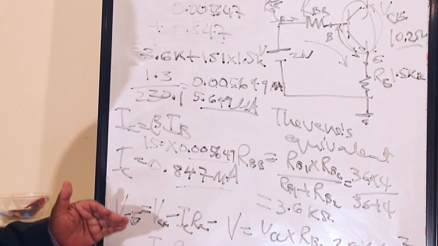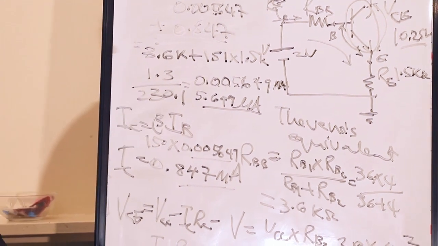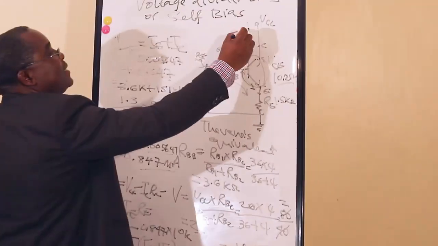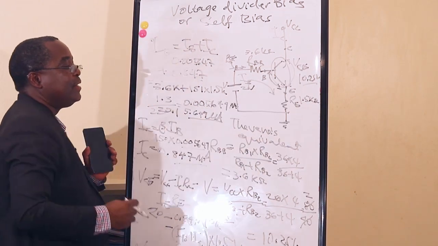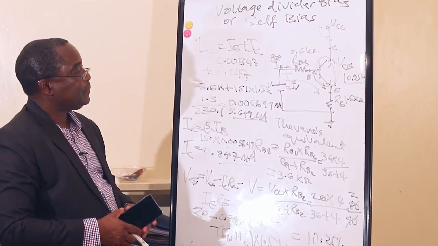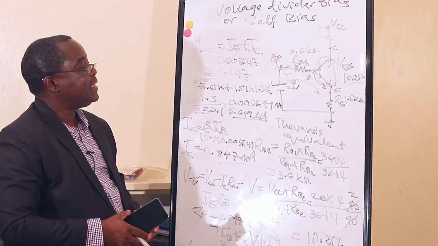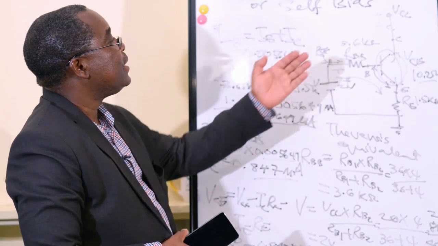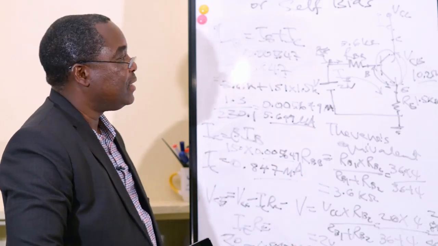So we have seen in today's lesson how we can calculate IC, collector current, how we can calculate IB and calculate VCE from voltage divider bias, which we saw in the first when we were introducing, and the equivalent Thevenin circuit, which also assists in getting those values, IC, IB, and the VCE, that means collector emitter voltage.